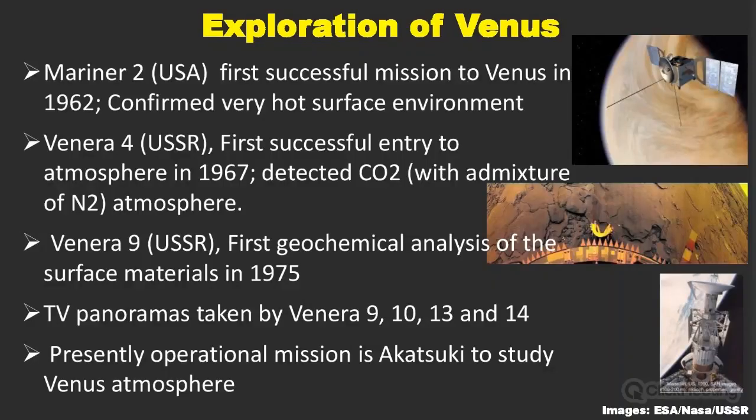This gives us a very interesting platform to understand what kind of path Earth would take in future. Either it would move towards Venus, or it would move towards Mars-like geology.